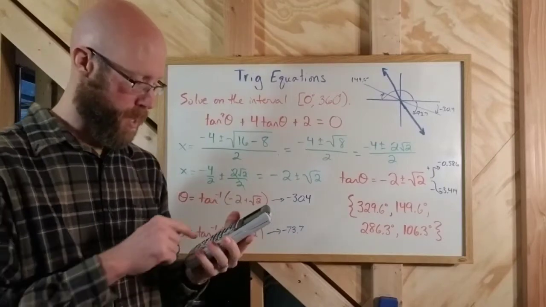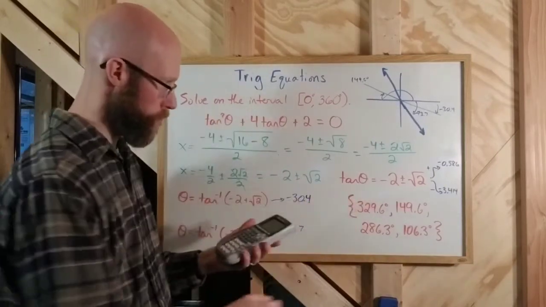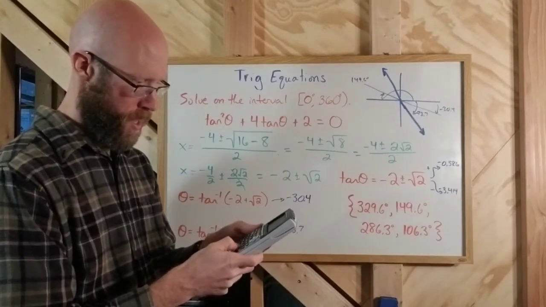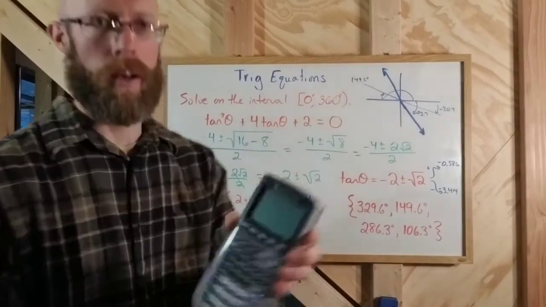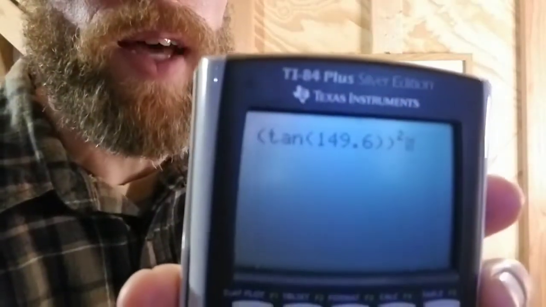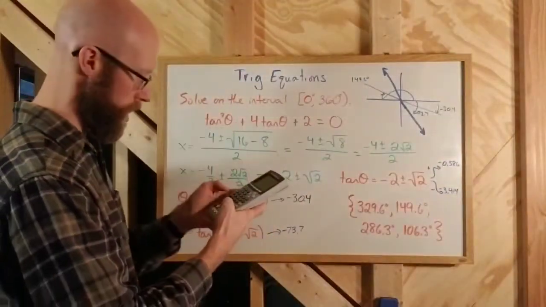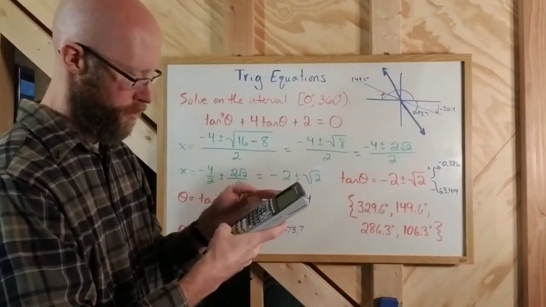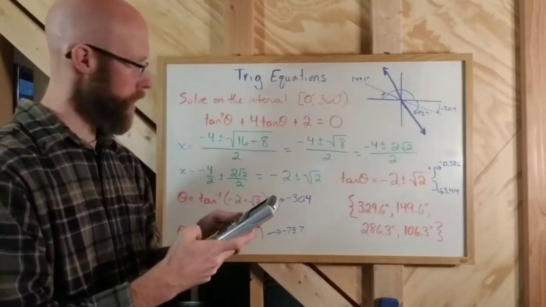Hit parenthesis, tangent, plug in 149.6, then put another parenthesis and square that. That's the first term. Then you add to that a 4 tangent, same thing, 149.6. You always have to take the same angle and put it in both spots. And then add a 2.